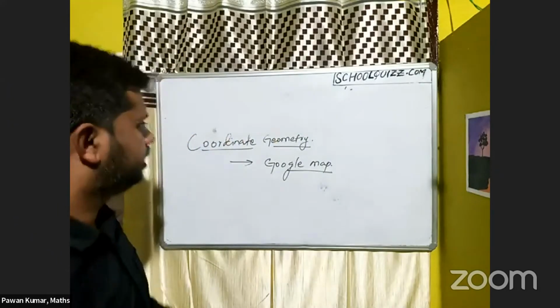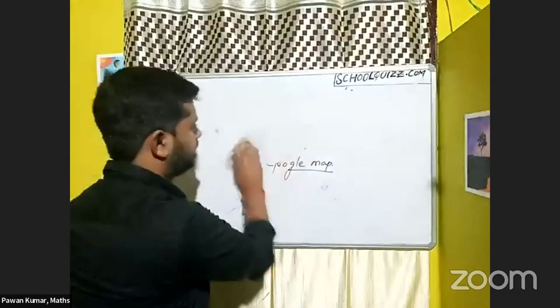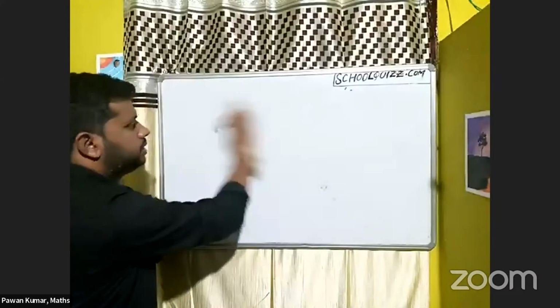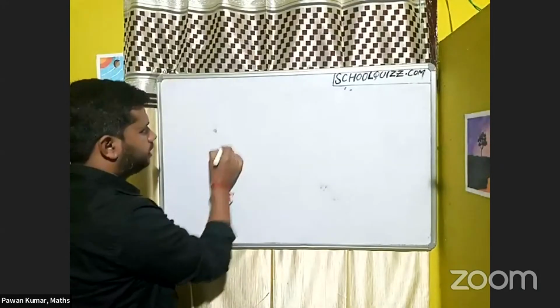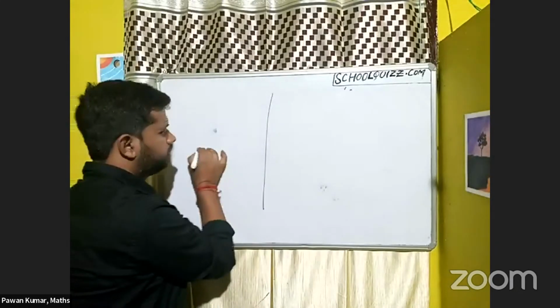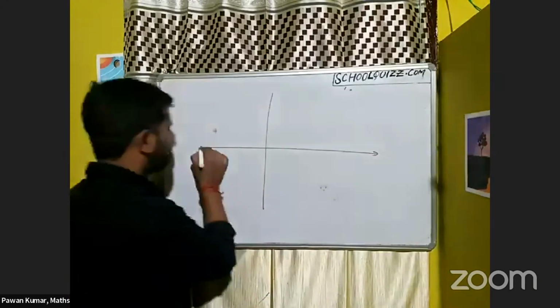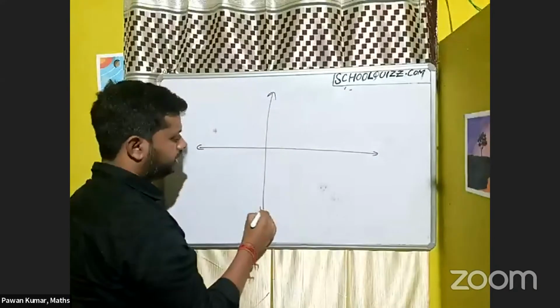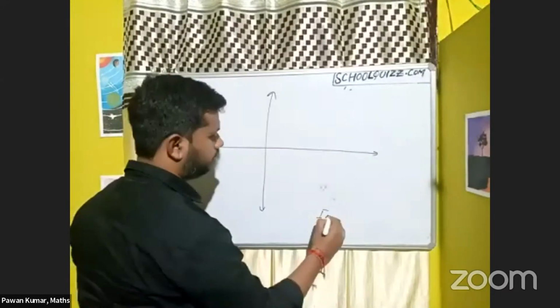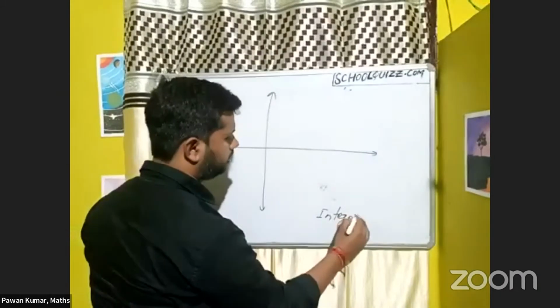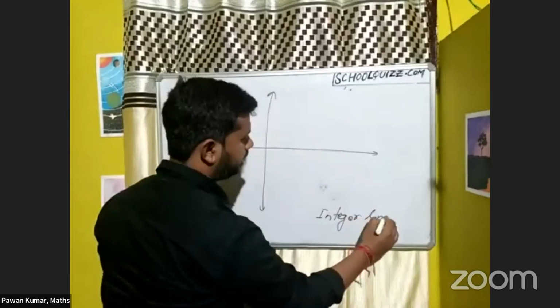So see, basically in geometrical sections, when we discuss points for mapping, we will have two integer lines. You know the integer line, everyone? We are talking about the number integer line.